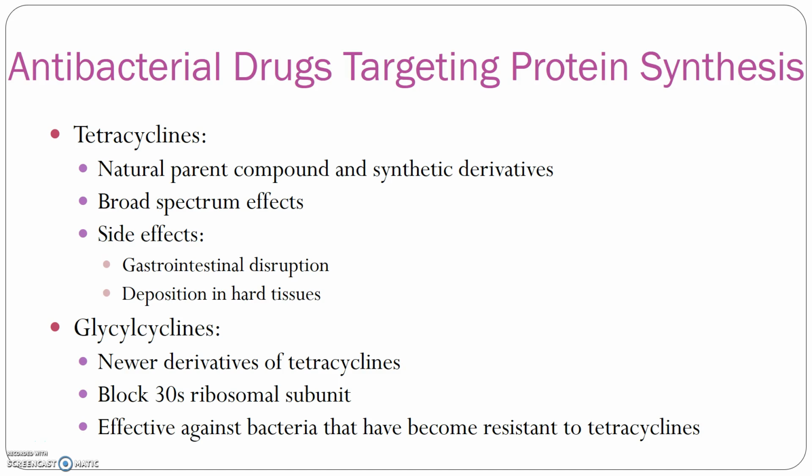Unfortunately, it does have some side effects, GI disruption, probably some diarrhea, and then deposition into hard tissues. The newer derivatives of tetracycline also target protein synthesis. Specifically, they block the 30S ribosomal subunit from interacting with the 50S ribosomal subunit. Effective against bacteria that have become resistant to the tetracyclines.